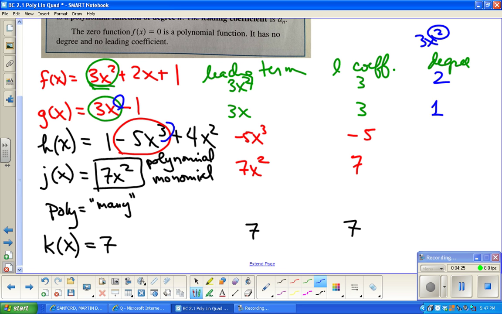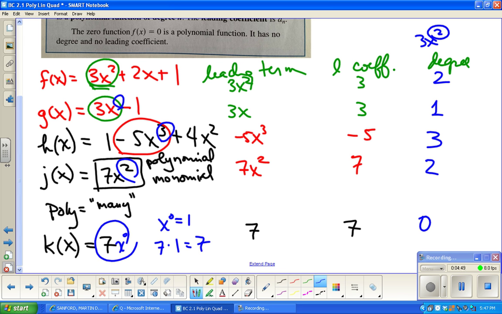This third one has a degree of 3. This next one, degree of 2. This last one, well, where's the exponent for x? Well, that would be degree 0, because x to the 0 is 1, assuming x is not 0, and 7 times 1, that would be 7. So in other words, 7x to the 0 is the same thing as 7, so the degree is 0.